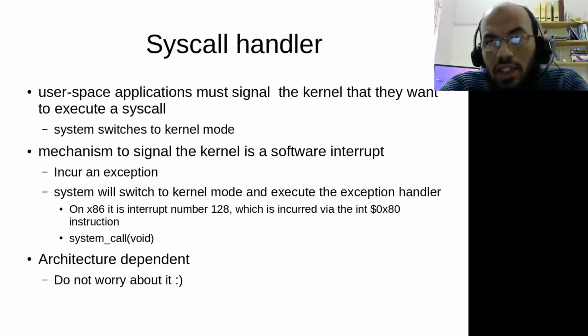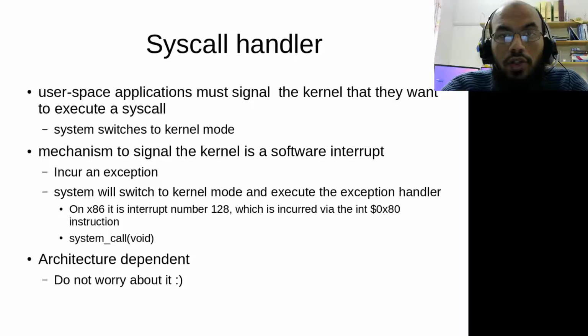This is pretty architecture dependent, because the exception handlers for these interrupts are mostly hardware defined and hardware implemented. I'm not going to go into this little detail, but there are places where you need to implement this in assembly to get the correct system call number.